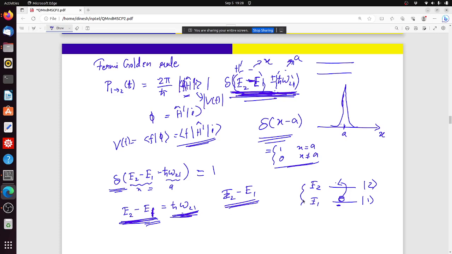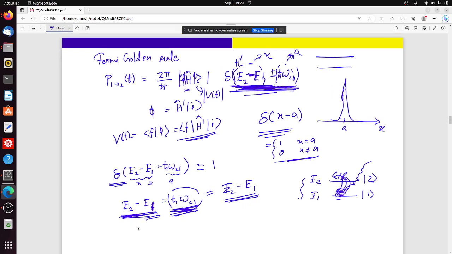Let's say you are shining a photon on this particle so that it gains this energy and jumps to state 2. So what should the energy of this photon be? h cross omega 21, which should equal the energy difference between the states, right?